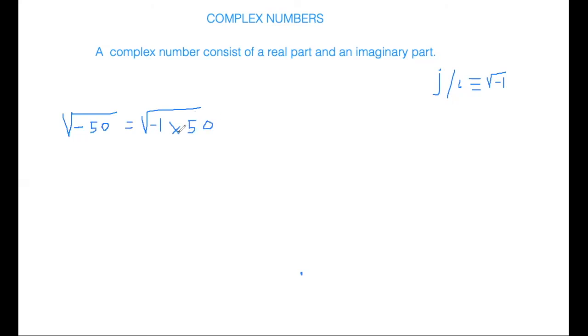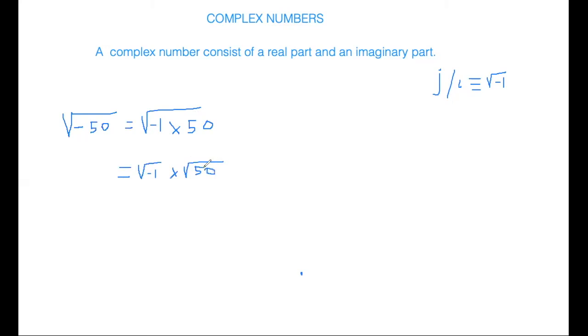Next, I'm going to split this into two parts. So I have square root of -1, which we know represents j, or if you want to use i, times square root of 50.